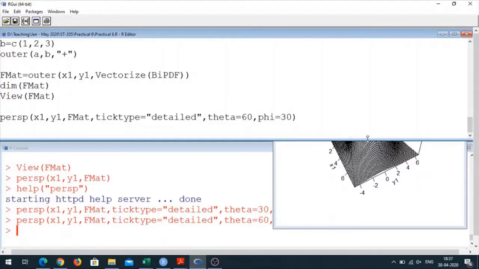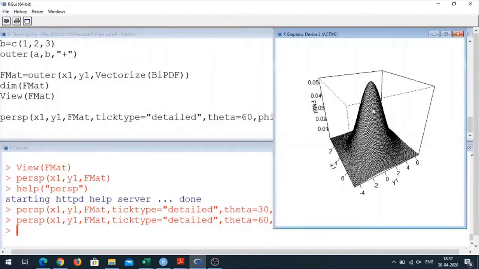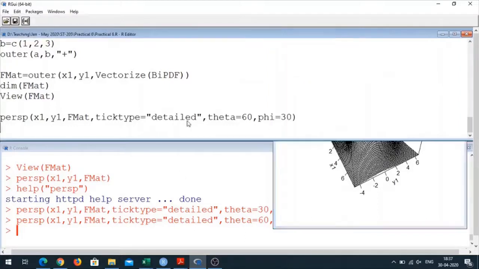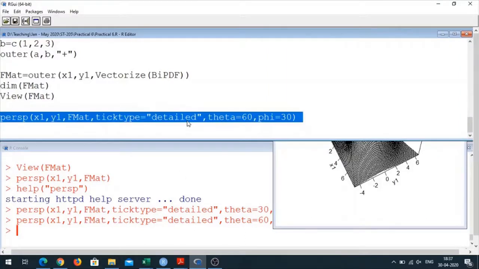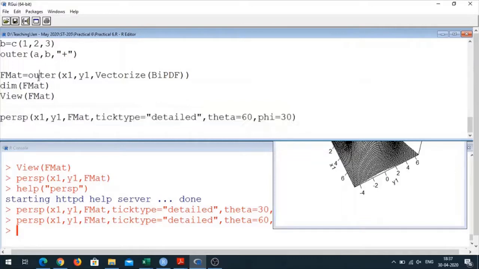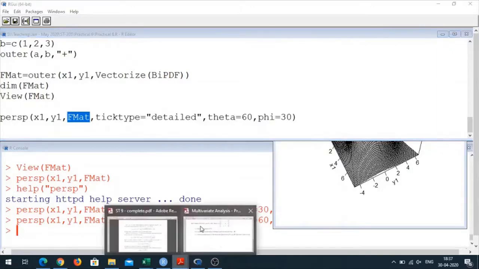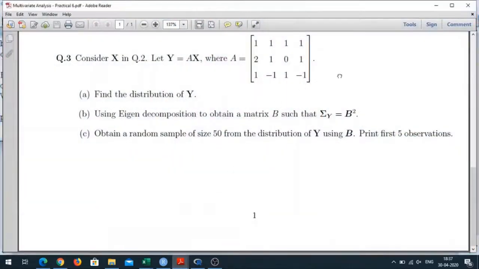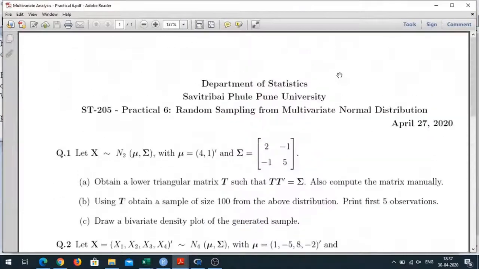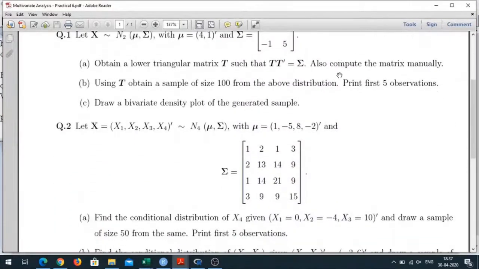See, the graph is further rotated. Okay, so you can give whichever way you like. Okay, so this is how we are going to draw 3D plot. So what new thing we learned today is outer and fmat. Okay, so I think this finishes question 1. Yes, question 1 is complete.